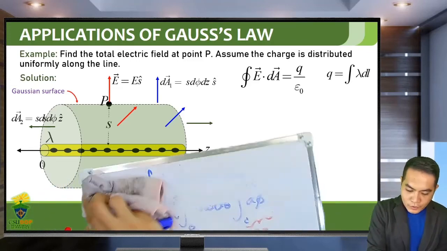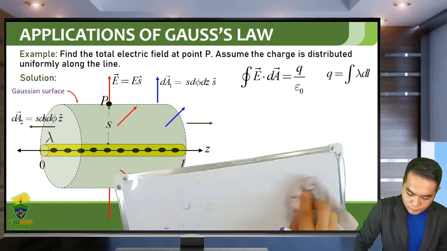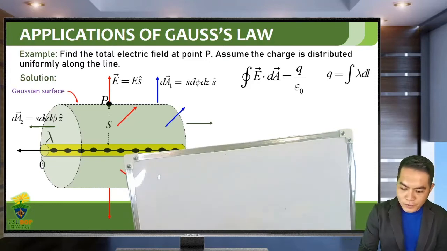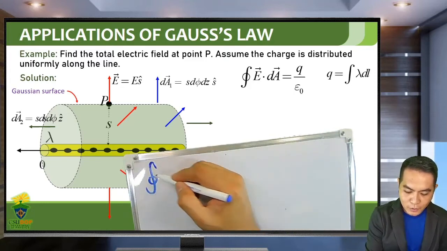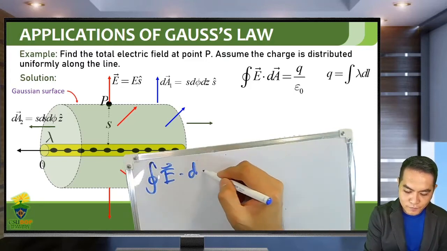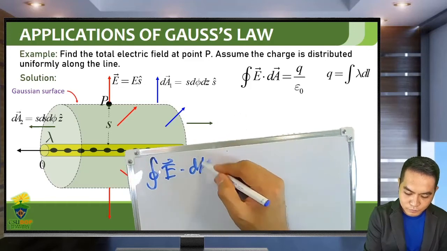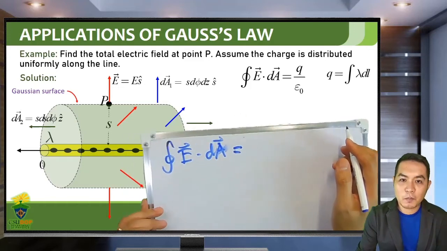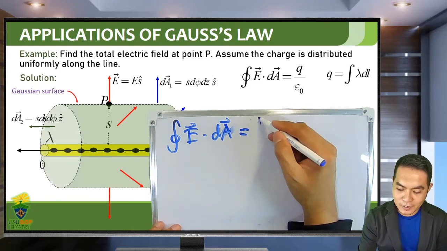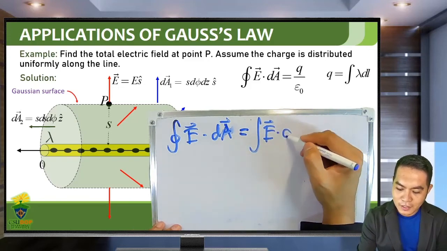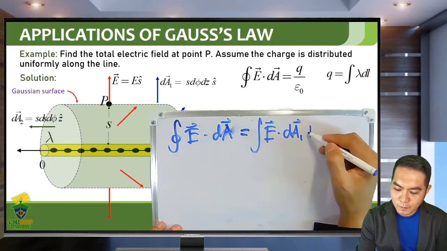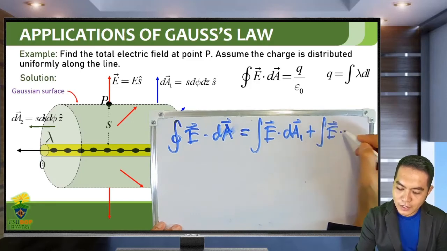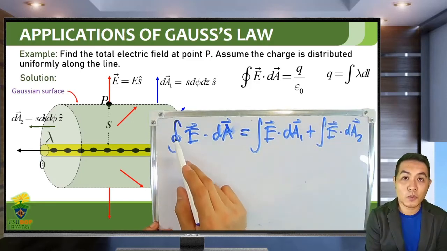So your total, the closed integral of E dot dA, will actually be composed of two integrals: the integral of E dot dA1 plus the integral of E dot dA2. This is the meaning of the closed integral.